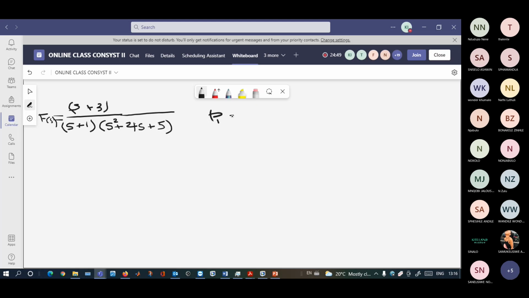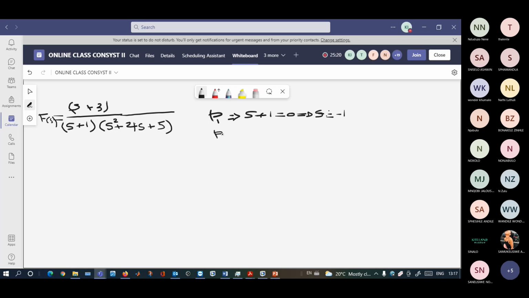P1 is going to be, let's say, s plus 1 is equal to 0. So s is equal to minus 1.